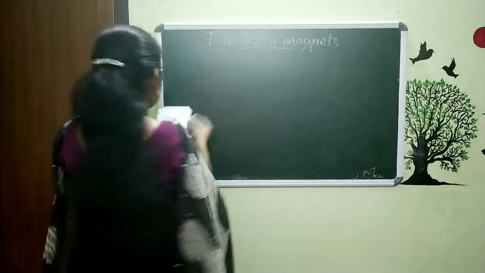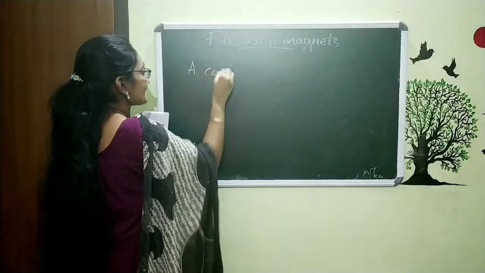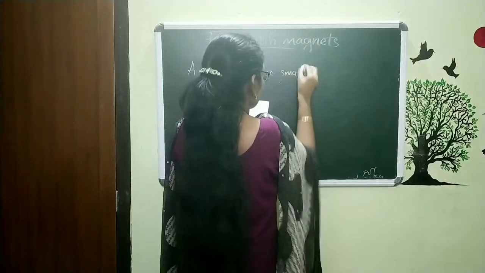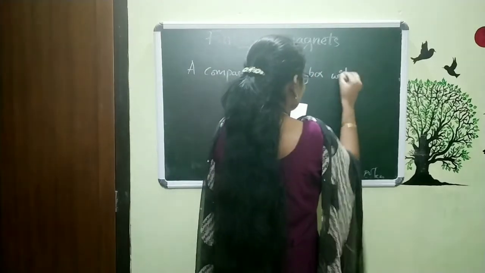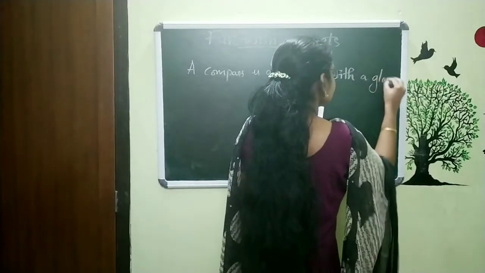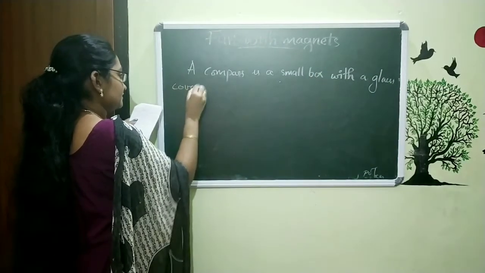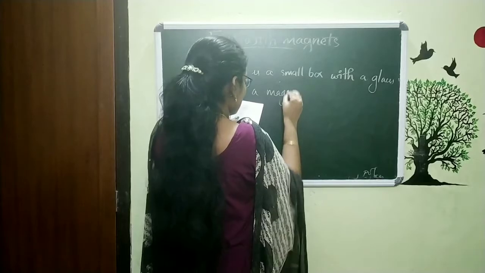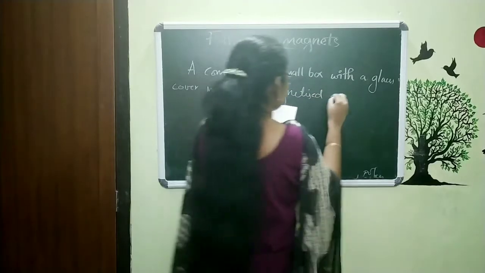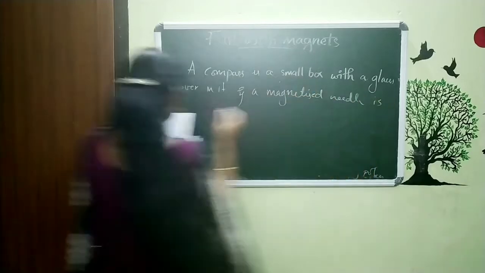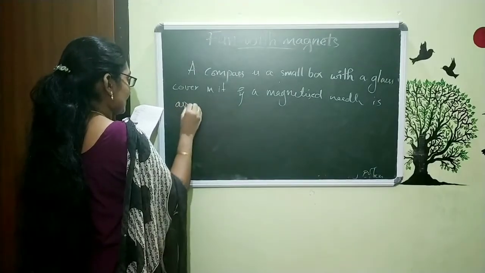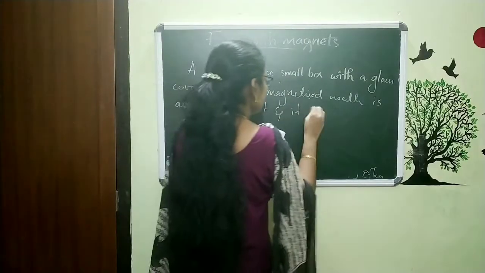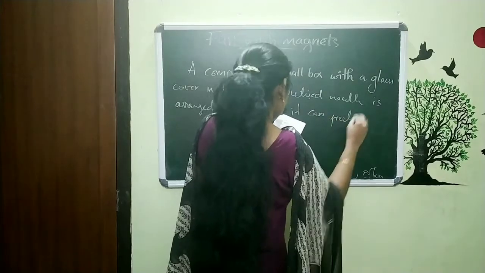The definition is this: a compass is a small box with a glass cover in it, and a magnetized needle is arranged inside it, and it can freely rotate.